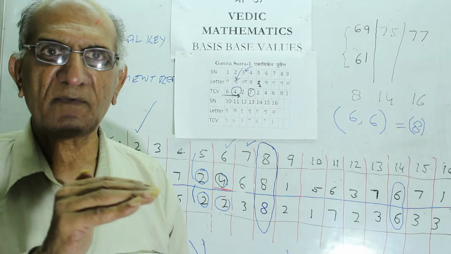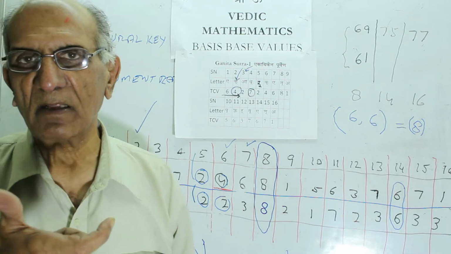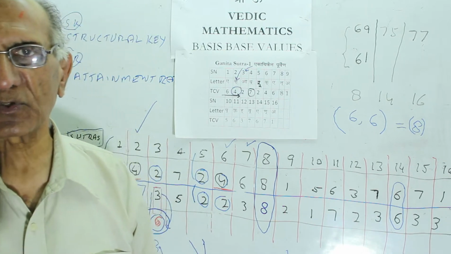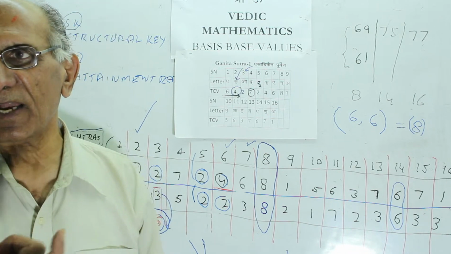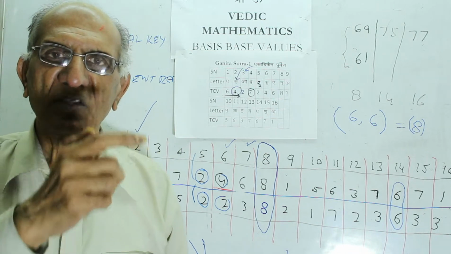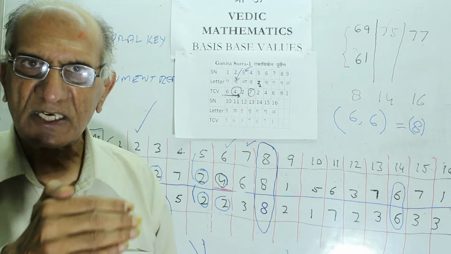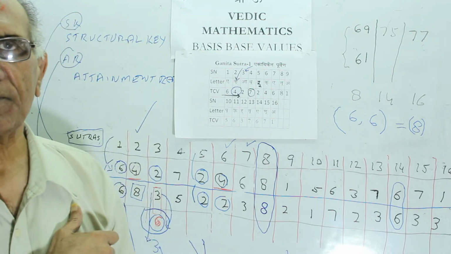Once we are having the range and row of the text of Ganita Sutra 1, which provides us the structural keys of Ganita Sutras 1 to 16, and followed by it, once we are having array and row of the range of the first letters of these Ganita Sutras, then their transcendental code values will be providing us the attainment reach values.